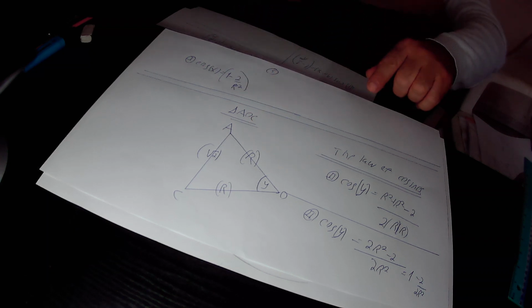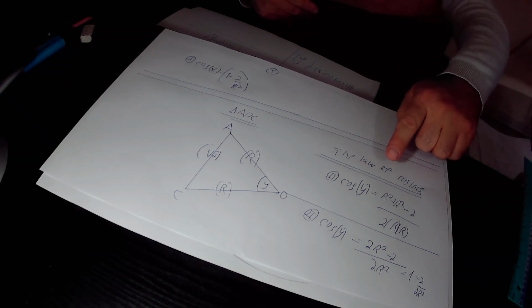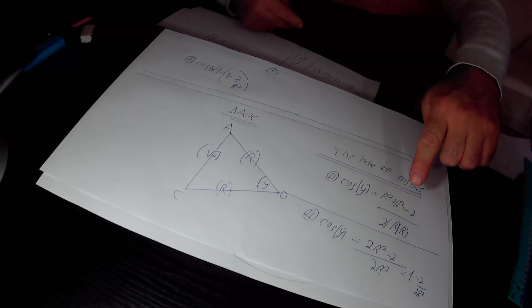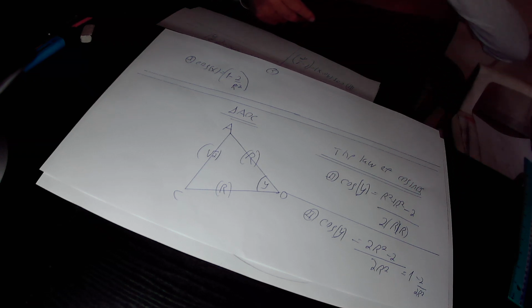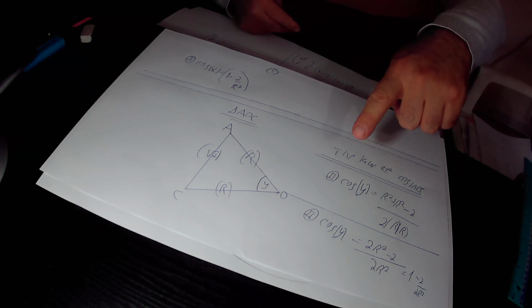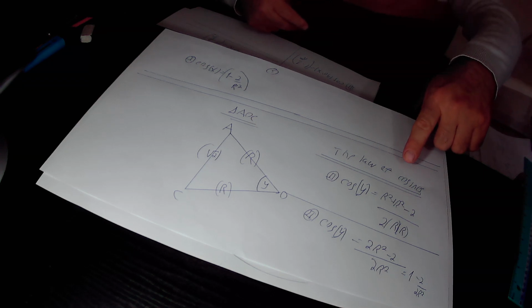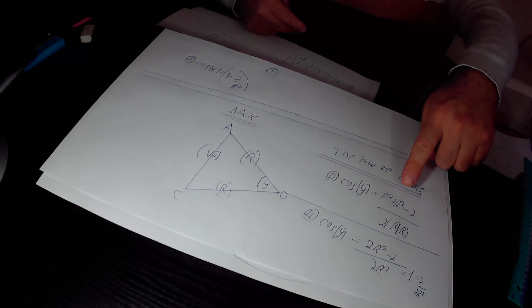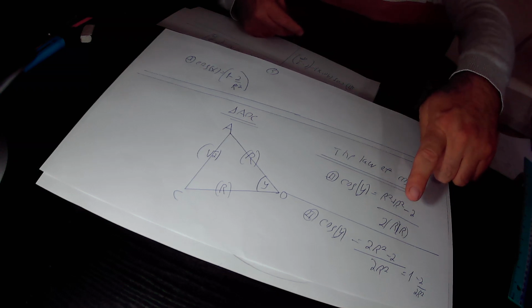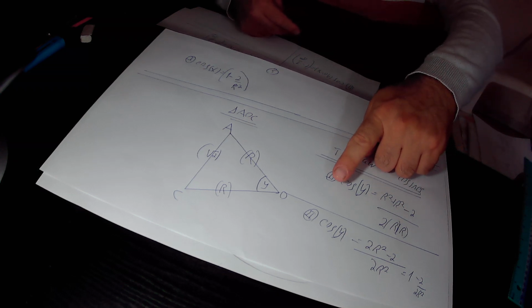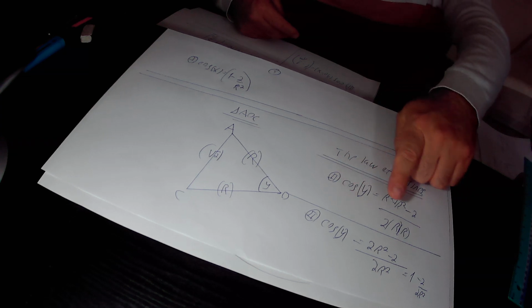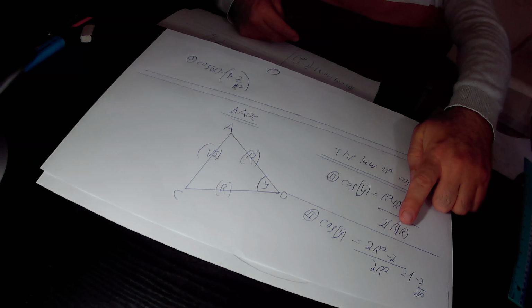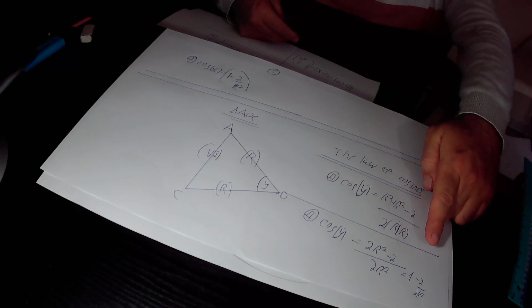So according to equation 2, cosine y equals r squared plus r squared minus 2 over 2 times r times r. r squared plus r squared is 2r squared minus 2, and the denominator is 2r squared. So cosine y equals 2r squared over 2r squared, which is 1, minus 2 over 2r squared.